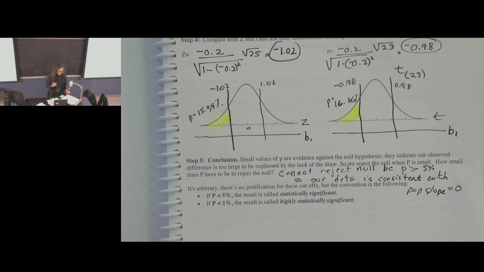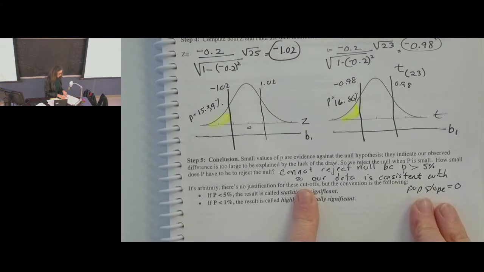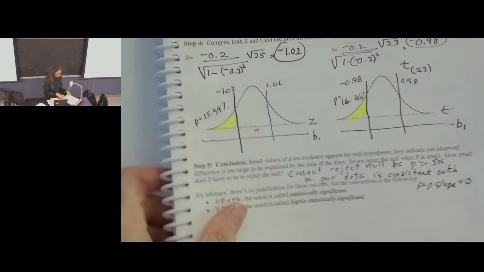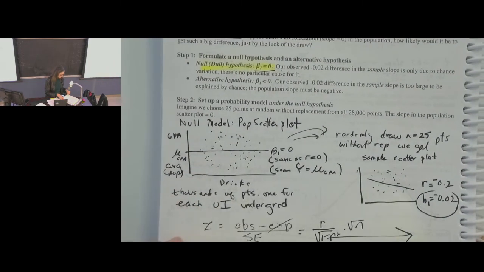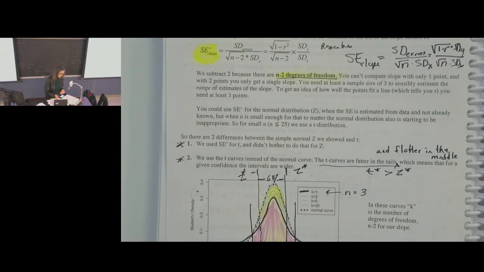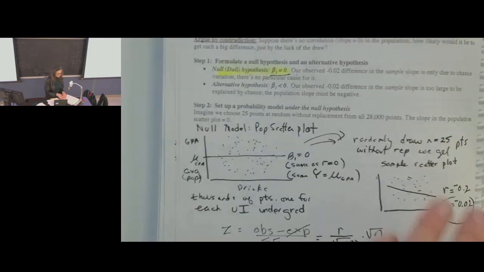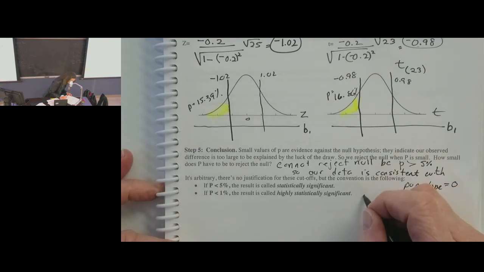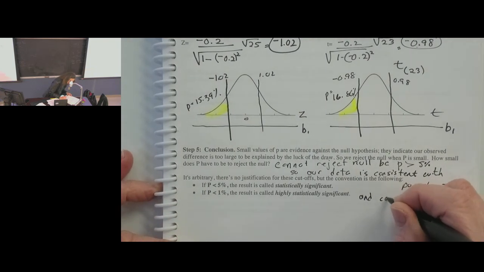By the way, what if I asked about the 95% confidence interval? We already saw it does include 0. Was that for the same exact problem? Yep, so it's consistent with that.